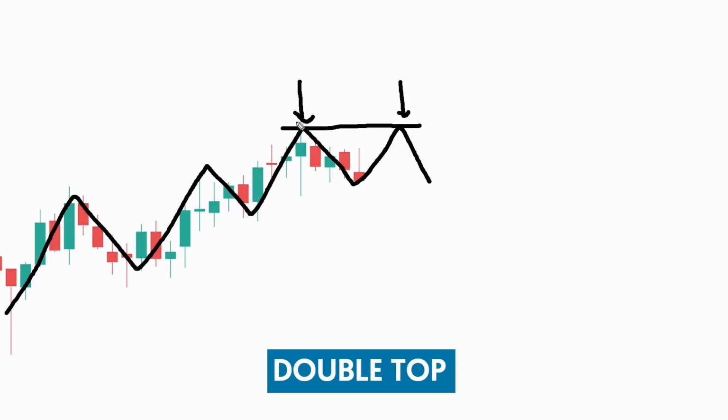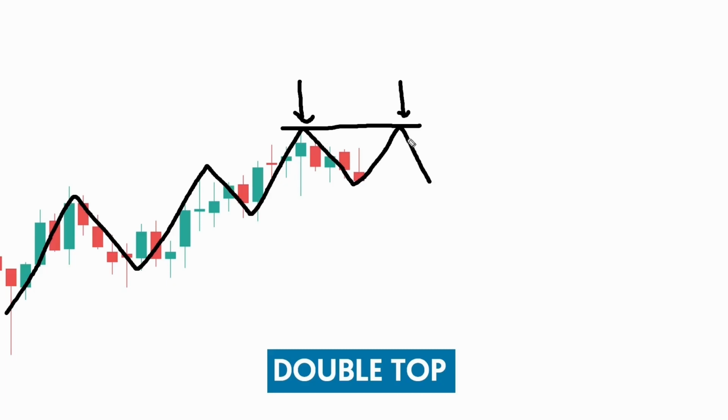We have one top here and then we have a second top here. And it is this failure of the price to make a new high, to break above this previous high, and showing some weakness here, that it's the signal that the trend may be about to change.